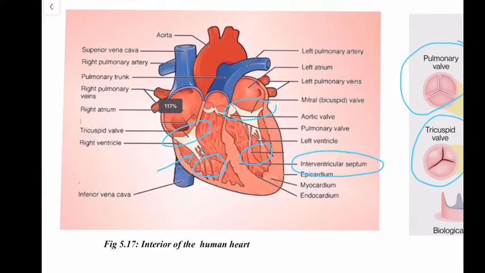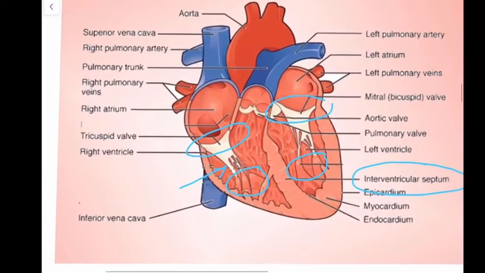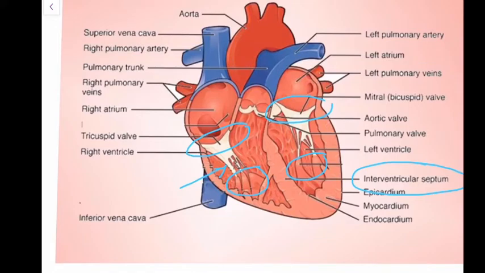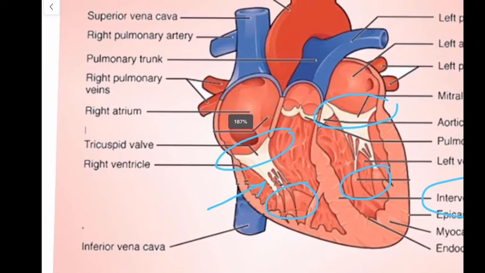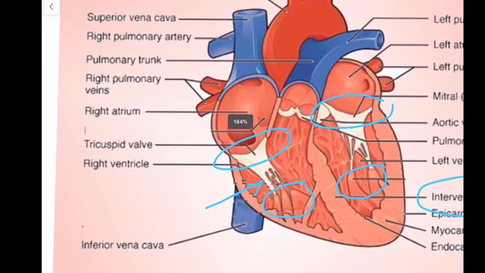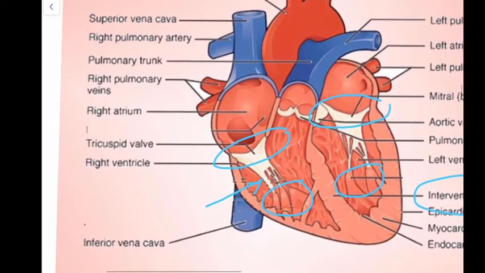And when we look at the openings into these chambers, so look at the right atrium. There are many openings: the opening of the superior vena cava at the upper part of it, and the opening of the inferior vena cava at the lower part of it.